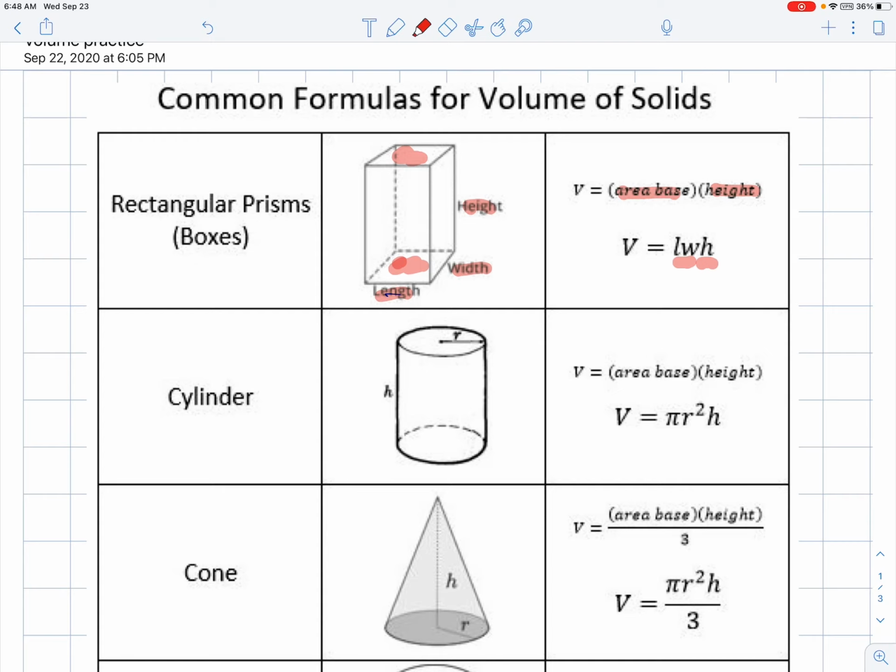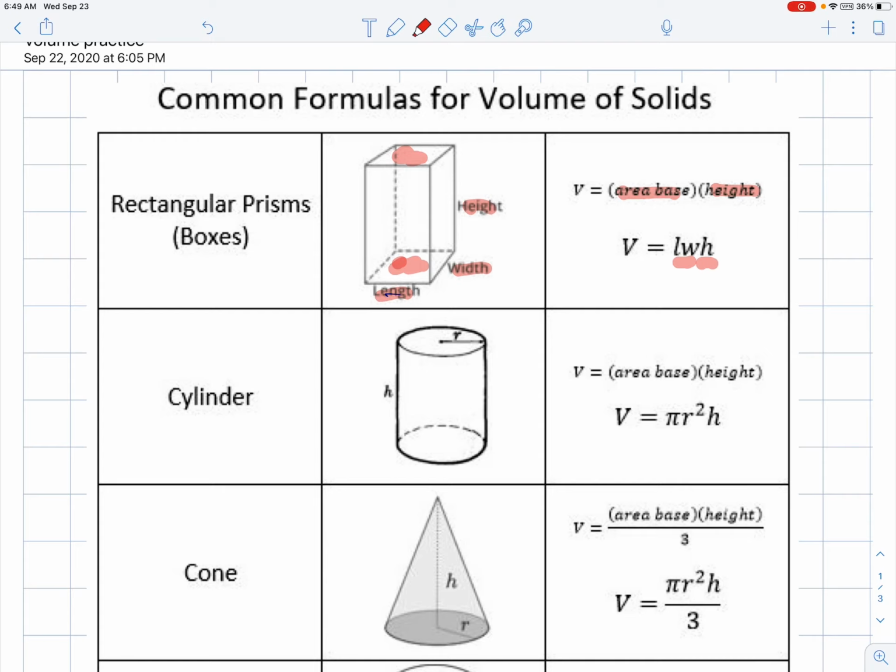If this were a triangular prism, so the top and the bottom were triangles instead of rectangles, you would do the same thing. You'd find the area of the base and you'd multiply by the height. But this time the base is a triangle, so you'd take the formula 1/2 times base times height for the triangle, and then you'd multiply by the height of the cylinder or of the prism.